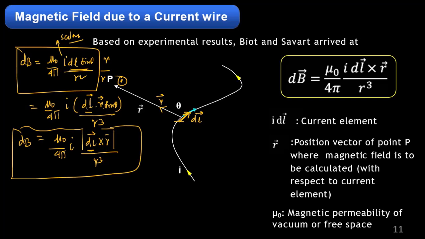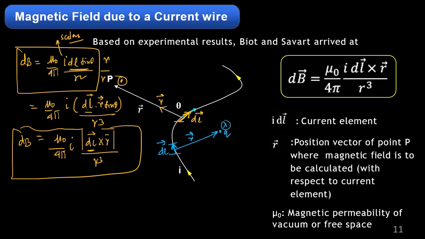Similarly, if I locate another point on this particular dl length, let us say this is the r vector and this is the Q point, and this is our dl vector. Now if I place the thumb along the dl vector and stretch the fingers along the r direction, the palm face will be into the plane of the paper.